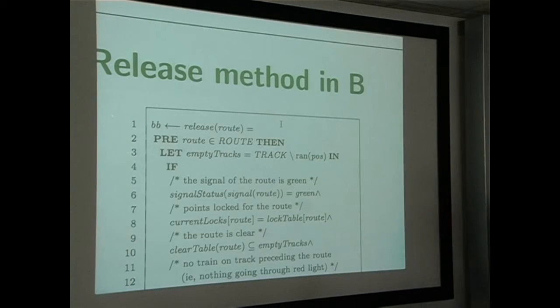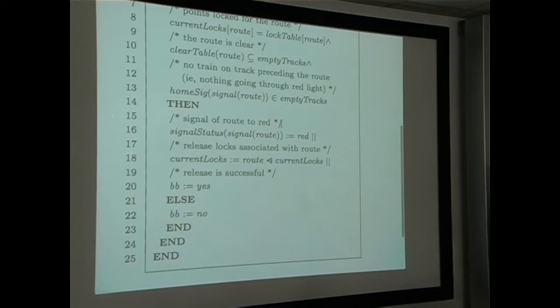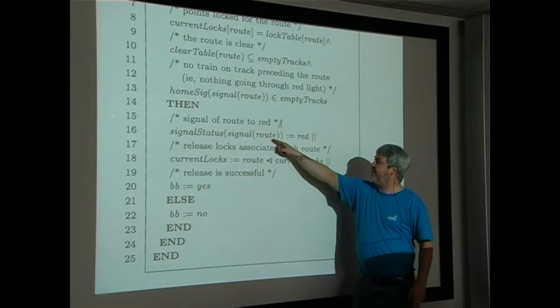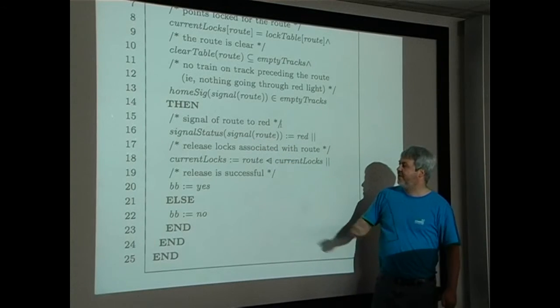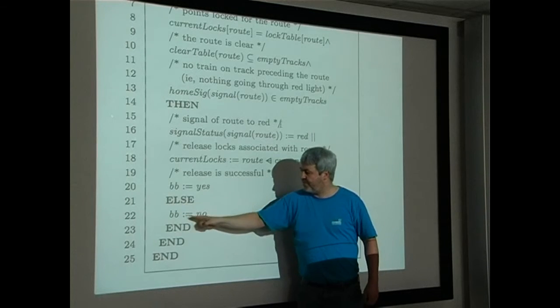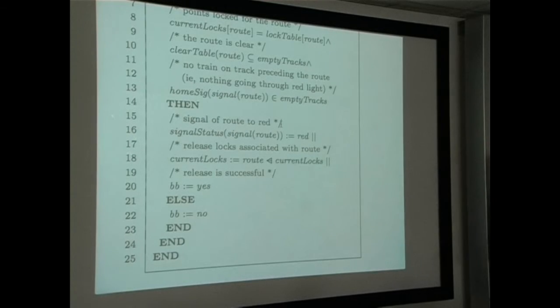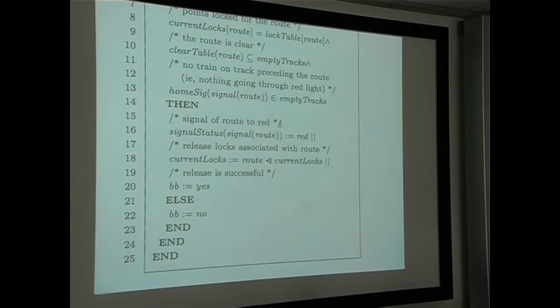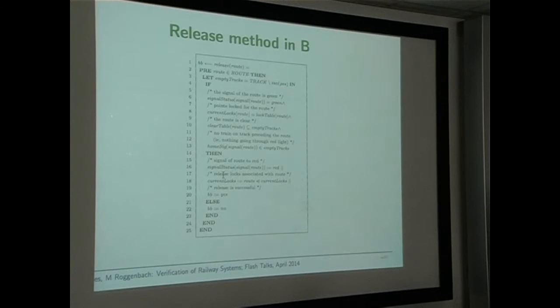And if all of these conditions are true, then we set the signal associated with the route to red and say, yes, you could do it, and otherwise, sorry, it was a no. This is how things look in this hybrid language, and the language construction ensures that these two parts can communicate with each other.